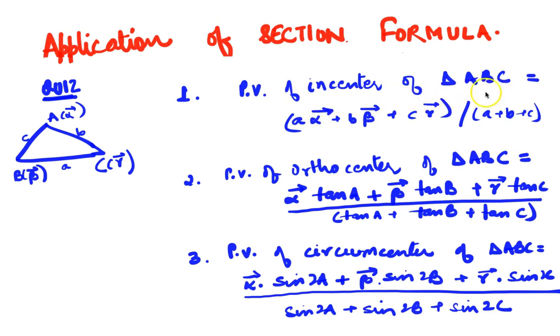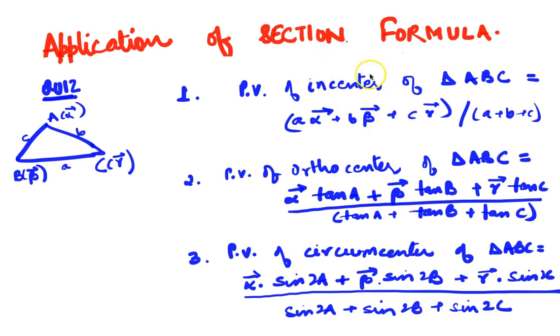The position vector of the incenter of triangle ABC is A alpha vector plus B beta vector plus C gamma vector upon A plus B plus C. The position vector of the orthocenter of triangle ABC is alpha vector tan A, where A is this angle, plus beta vector tan B plus gamma vector tan C divided by tan A plus tan B plus tan C. And the position vector of the circumcenter of triangle ABC is alpha vector sin 2A, which is twice this angle, plus beta vector sin 2B plus gamma vector sin 2C upon sin 2A plus sin 2B plus sin 2C.